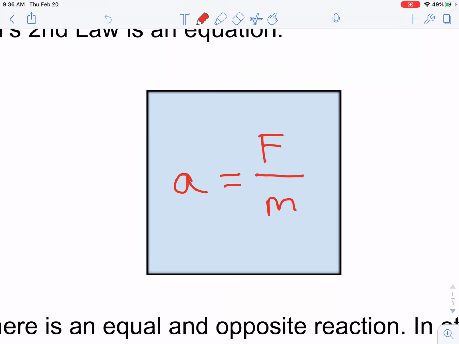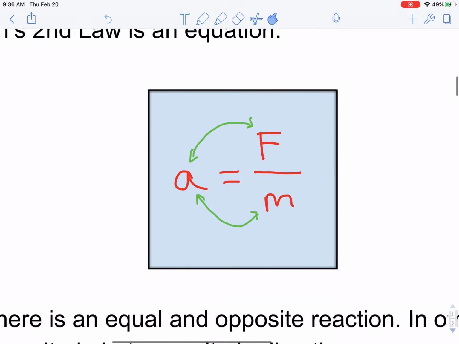So let's draw a couple arrows on this, and we'll do this a bunch of times in this class. Acceleration and force have a direct relationship, and acceleration and mass have an inverse relationship. So this equation actually represents a concept, and that is Newton's second law. Okay? So we can write acceleration, force, and mass in an equation.